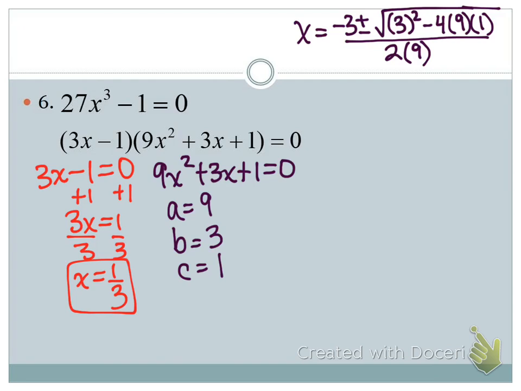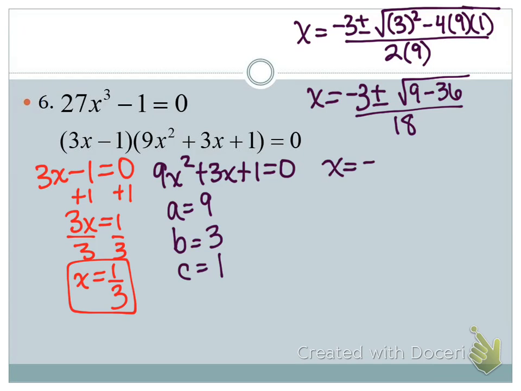All right, we start off by simplifying. x equals negative 3 plus or minus the square root of 3 squared, 9, minus 4 times 9 times 1. 36, I like it. All divided by 2 times 9. Beautiful.